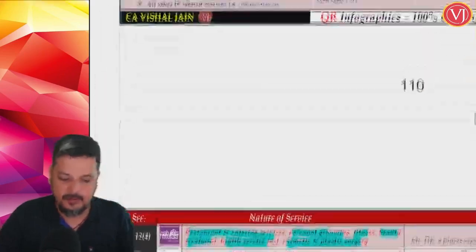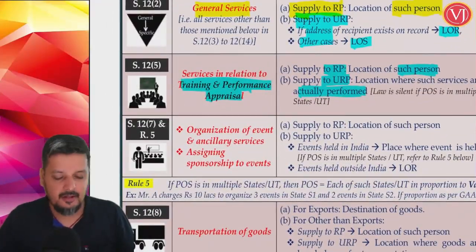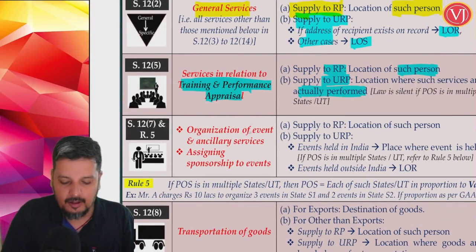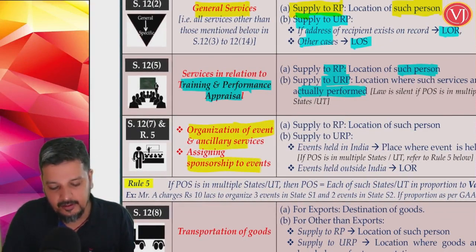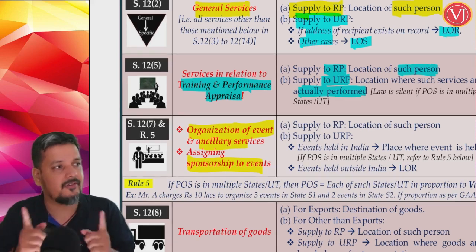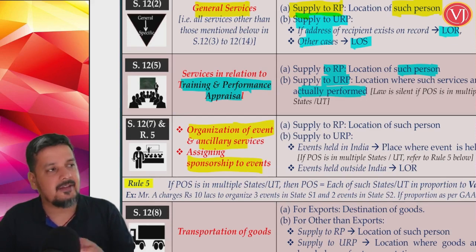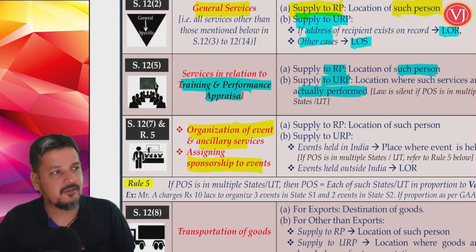Right. Now we'll go to the next part. The next part is event: organization of an event, including ancillary services, including sponsorship. So there's an event which is organized, for example, an IPL event. Organization of an event and ancillary services, and sponsorship is also covered here.